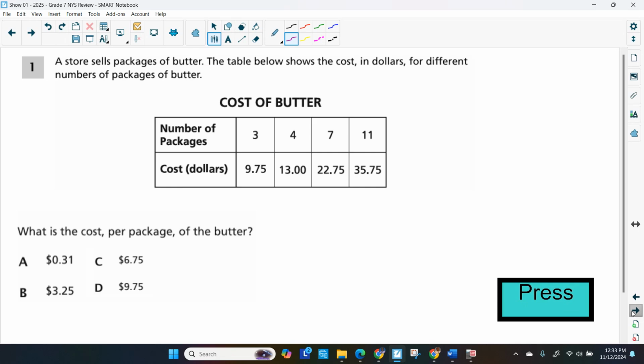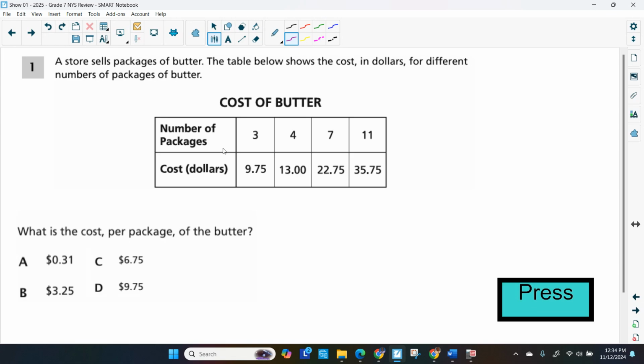All right, so let's get started. So here is our first question. A store sells packages of butter. The table below shows the cost in dollars for different numbers of packages of butter.